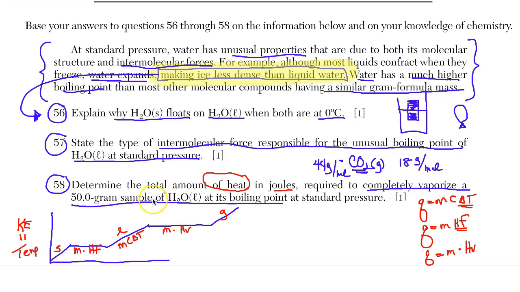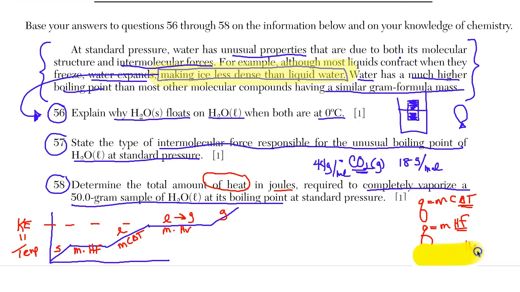Remember, the question stated, and they're going to tell you very clearly, you're at a phase change. By saying completely vaporize, vaporize is when a liquid goes to a gas, and then we're at its boiling point. So we're at the boiling point temperature, which means we're right at this phase change. So all this question is doing is identifying which energy equation we needed.